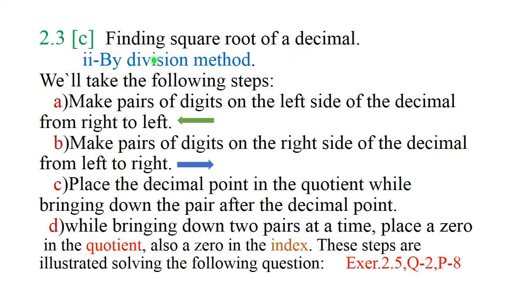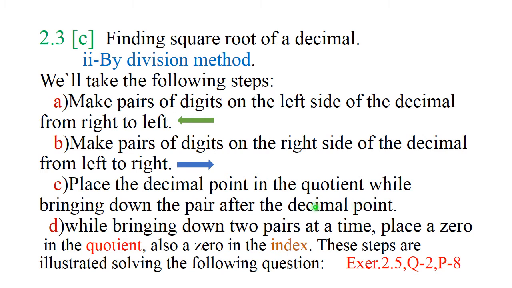We will take the following steps. A. Make pairs of digits on the left side of the decimal from right to left. B. Make pairs of digits on the right side of the decimal from left to right. C. Place the decimal point in the quotient while bringing down the pair after the decimal point.